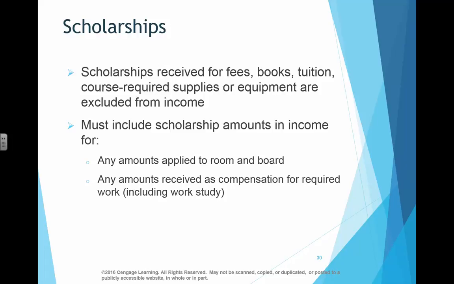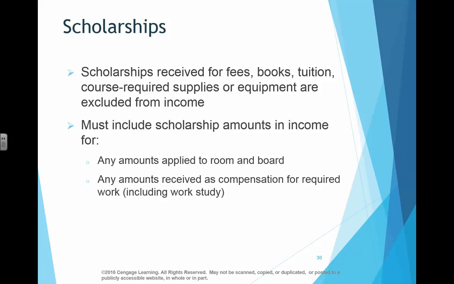Oh, great. Scholarships. Scholarships that you get to pay your fees, your books, your tuition, that's all tax-free. If you get a scholarship that's applied to room and board, that's taxable. If you get a scholarship and you have to do something for it, like, well, performing athletics isn't a good example because technically you're not supposed to be paid to participate in collegiate athletics, right?